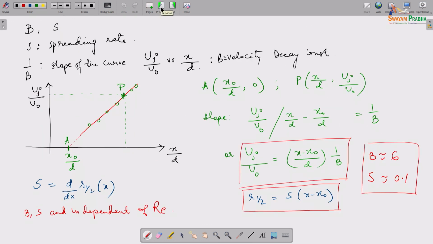The way I calculated the slope, I am going to just use this expression basically.